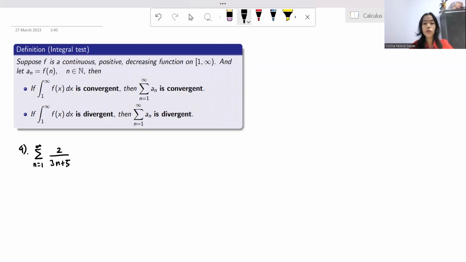Okay, so we want to know if this series is convergent or divergent. And we're gonna evaluate it by using the integral test.